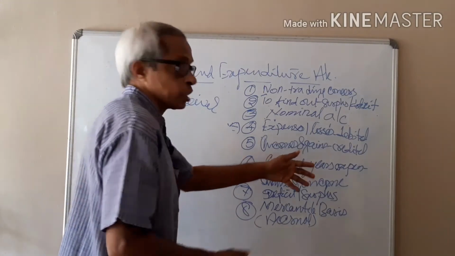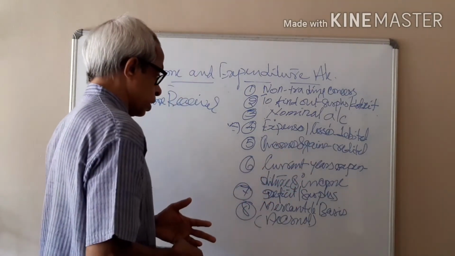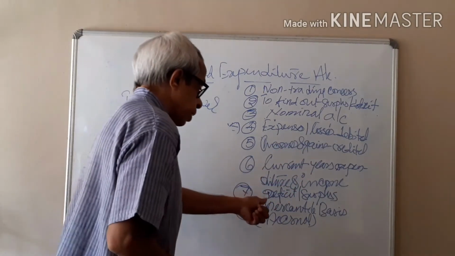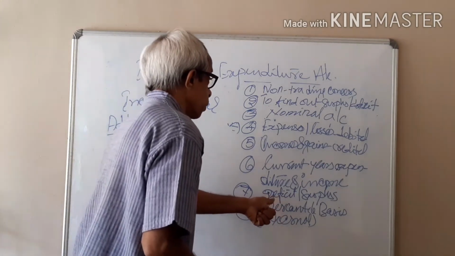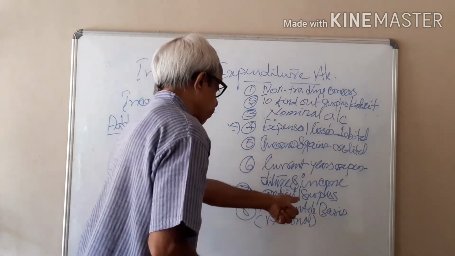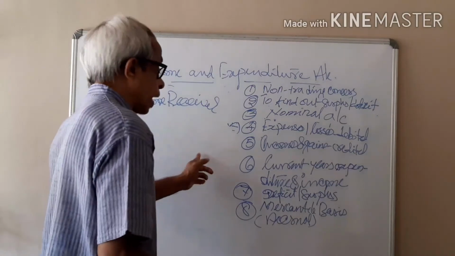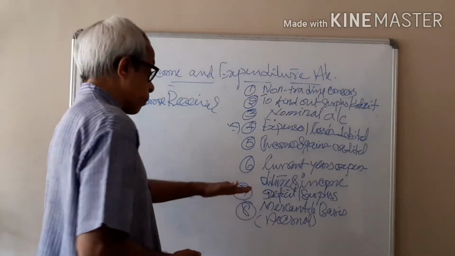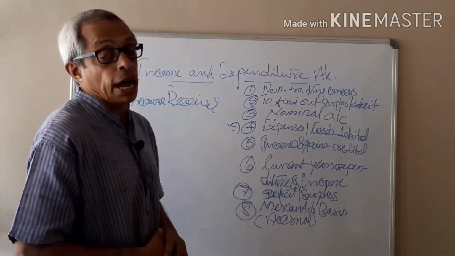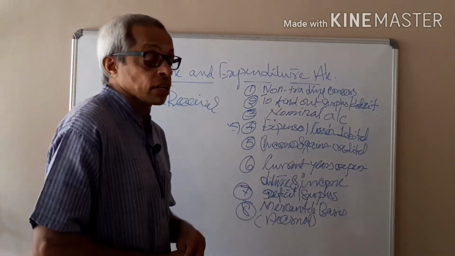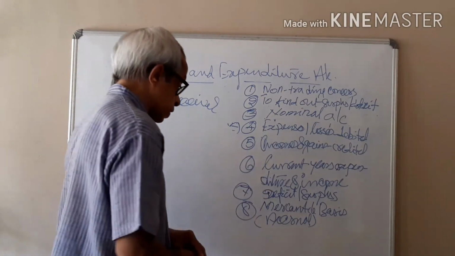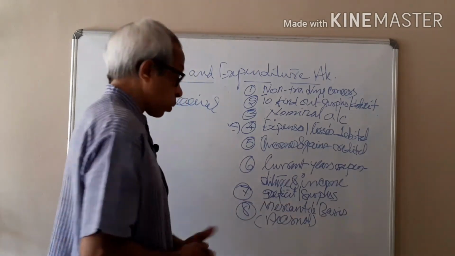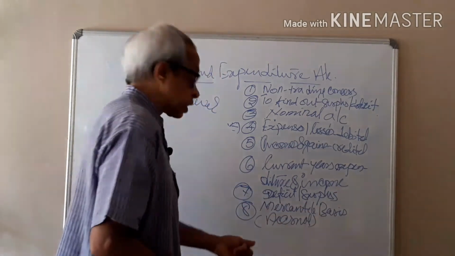Current year's expenditure or income is shown, and this deficit or surplus will be added to or deducted from capital account, capital fund account, to be shown on the liability side of the balance sheet, and it is prepared on mercantile basis, that is accrual basis.